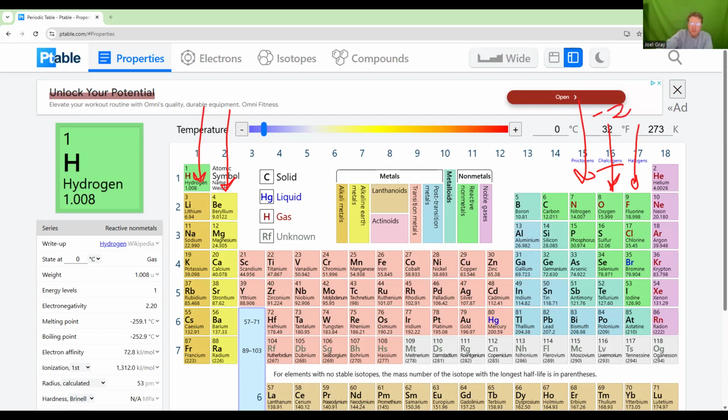Now, what is the common ion of something like nitrogen? Add it to the chat. -3. Boom. Emily. Perfect. Great job. What about chlorine? -1. Okay. What about magnesium, Mg? +2.